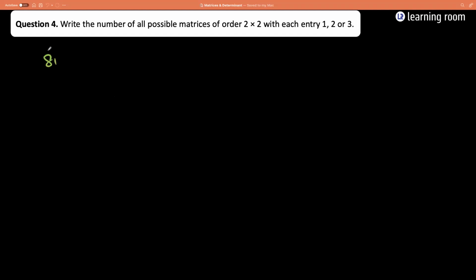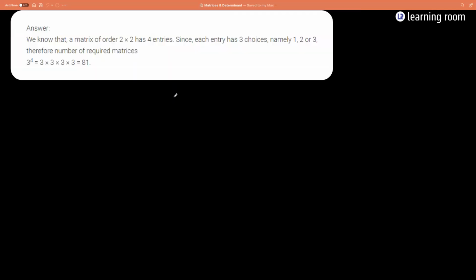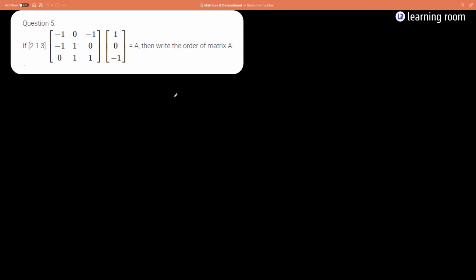Correct. So how did you get that 81? You have 4 elements, right? You have 3 options for each. So 3 options raised to the power of the number of elements gives you 81. Answer.